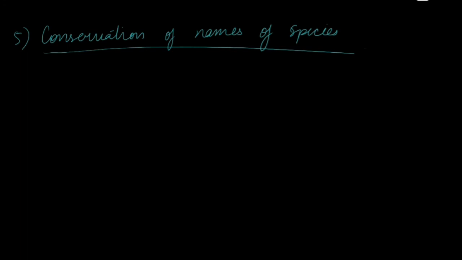Because of those frequent name changes, agricultural botanists and horticulturists were, as it is written in the book, disgusted with those kinds of activities, because they were facing a lot of problems and challenges. So they proposed to conserve the names of certain plant species, even though the species are not keeping up with the principle of priority.